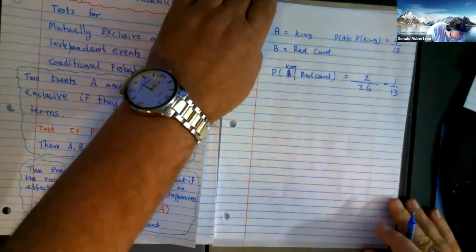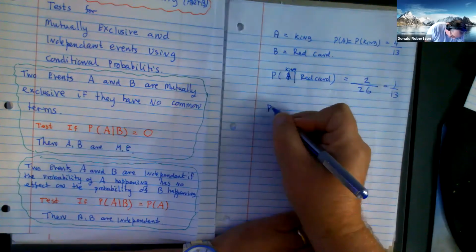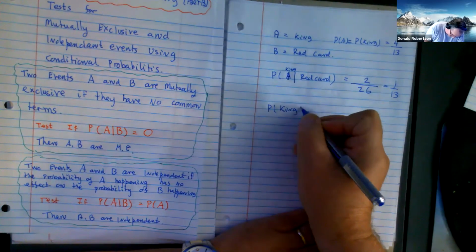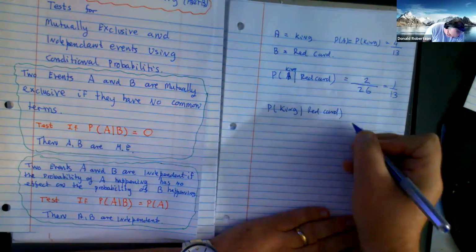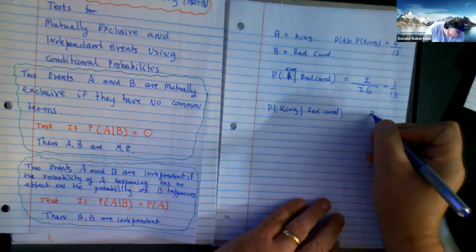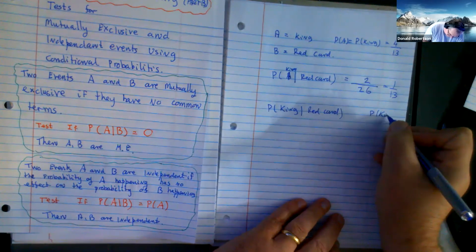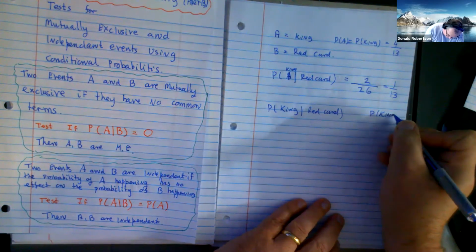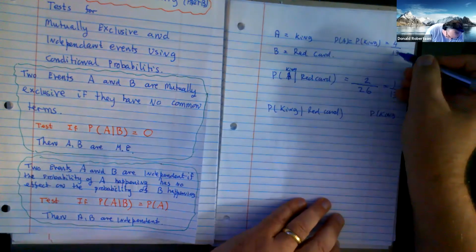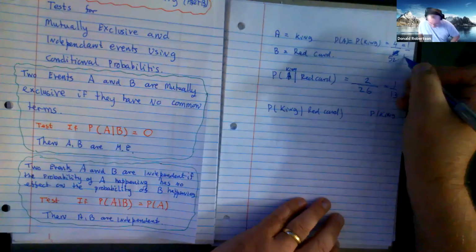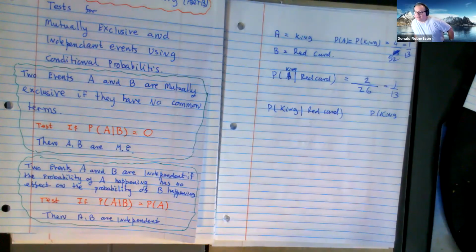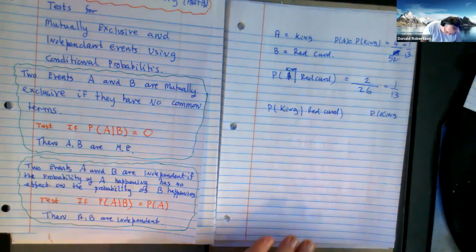Would you agree that the probability of getting a king, given that it's a red card, is not the same thing as the probability of a king? Oh, wait a minute. It is the same. Isn't it 4 out of 52 for a king?